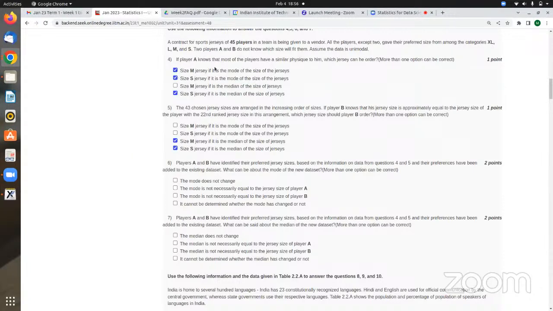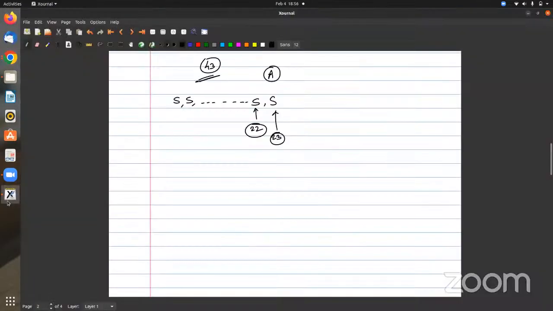So where are we? I know that A will take the jersey size which is the mode, and B will prefer the jersey size which is the median. From the 4th and 5th questions, we are able to understand that. So suppose S is my median. How can I explain this to you?